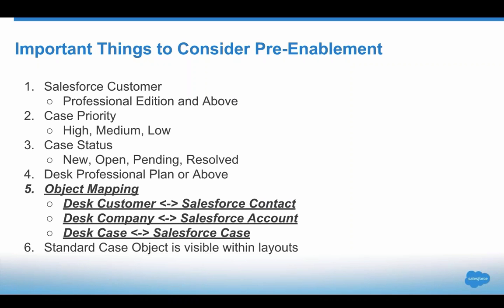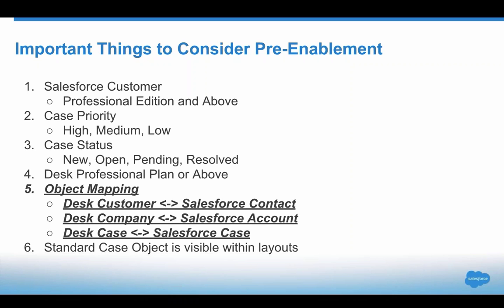Next is object mapping. Remember that the three standard objects that we map are case, contact, and account. In Desk, we call Salesforce contacts customers. So any customer records that are created in the Desk application using Desk Connect will get synced over as your Salesforce contacts.